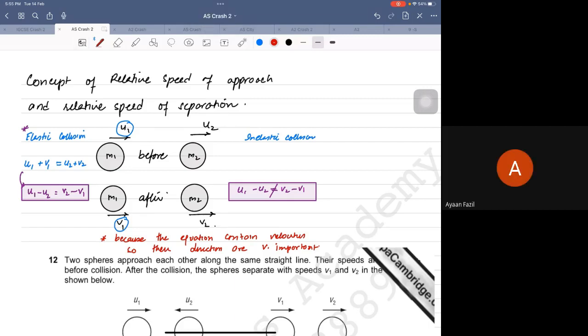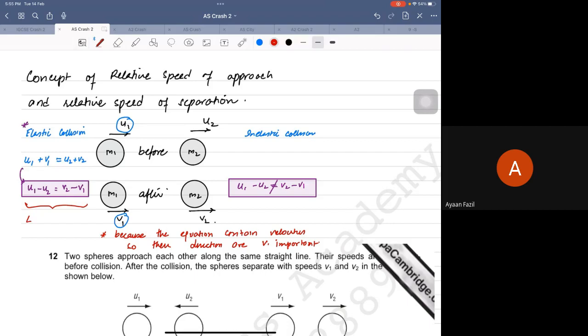Sir, could you explain it again, please? Yeah, what I'm saying is, Ayan, you just need to remember two equations in this, unlike one equation, which is this equation particularly. If the left hand side is equal to the right hand side, you call that collision elastic.